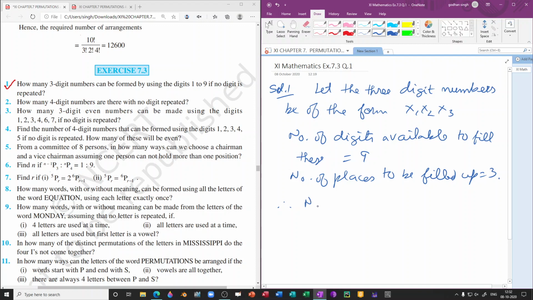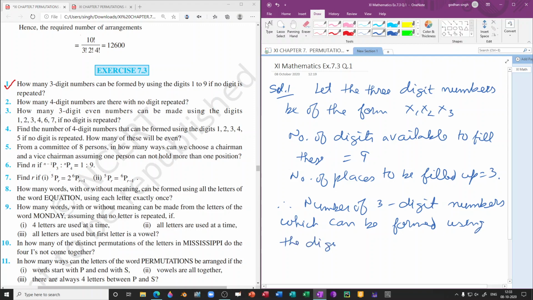Therefore, the number of 3-digit numbers which can be formed using the digits 1 to 9, if no digit is repeated.